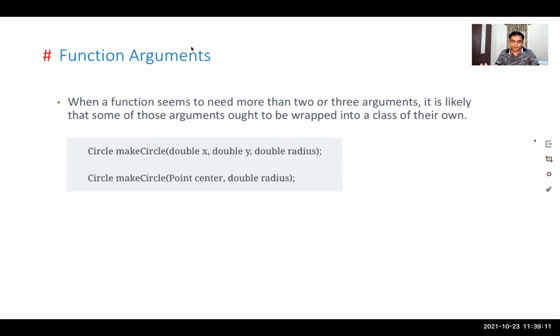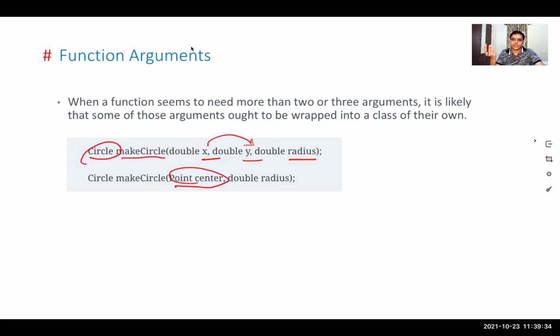Here, if you look, I have a makeCircle method which takes 3 arguments, x, y, and radius, and returns a circle object. Because x and y are basically a center, I can create a class called Point and put x and y into center.